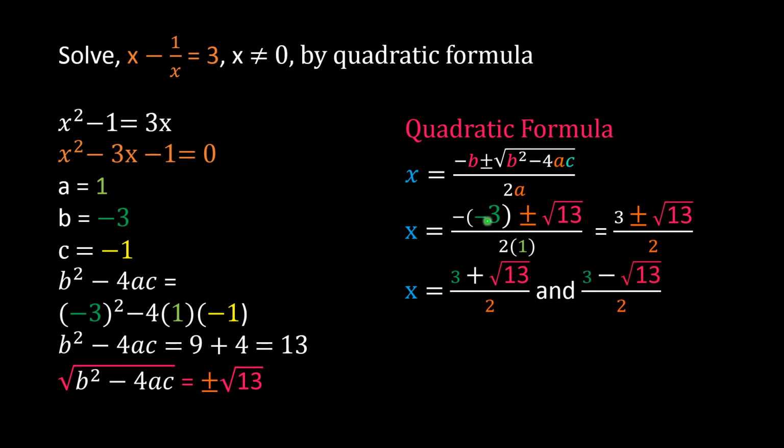So minus minus 3 will be plus 3 and 2 ones are 2. So we get 2 roots: 3 plus under root 13 divided by 2 and 3 minus under root 13 divided by 2. So these are the two roots of the given quadratic equation.